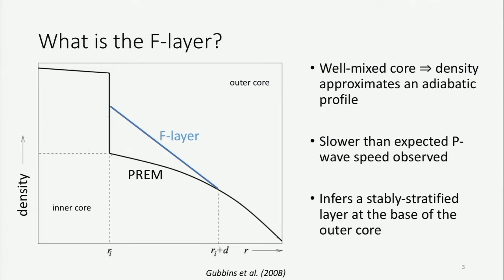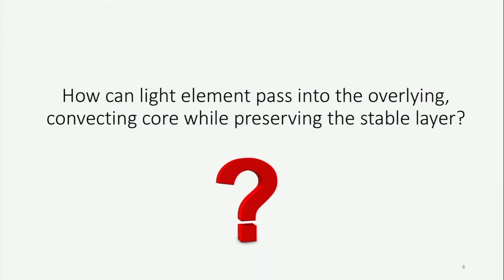The observations are inferred by slower than expected P wave velocities, and we can infer that it's stably stratified. So the key question that my project addresses is, how can the light elements that are being differentiated into the liquid outer core pass through a stable layer without disturbing the stratification?